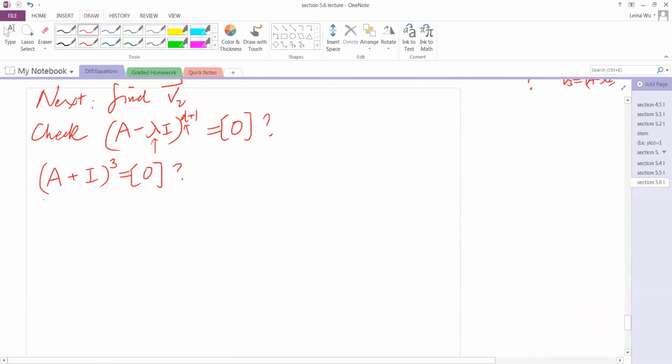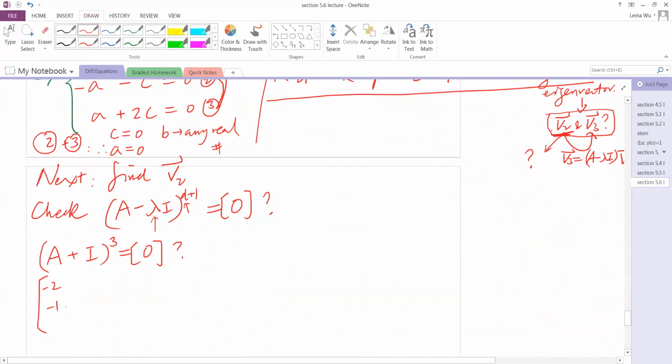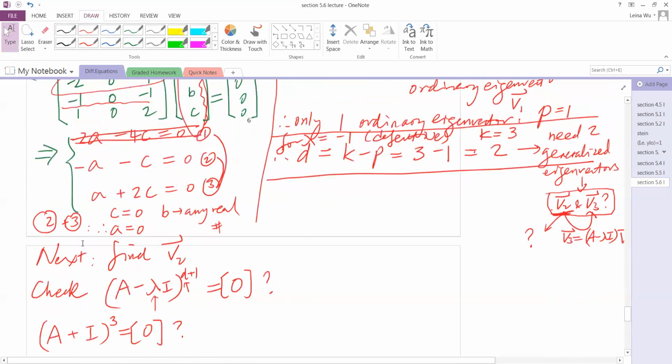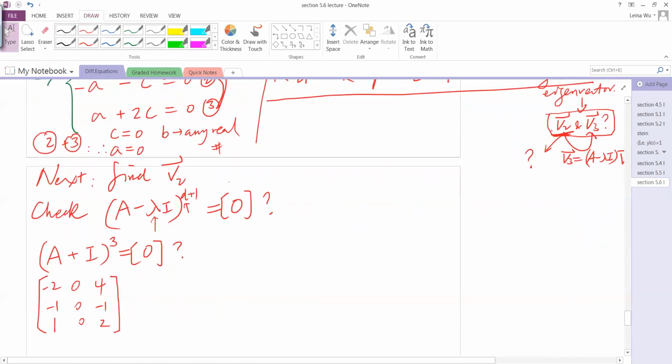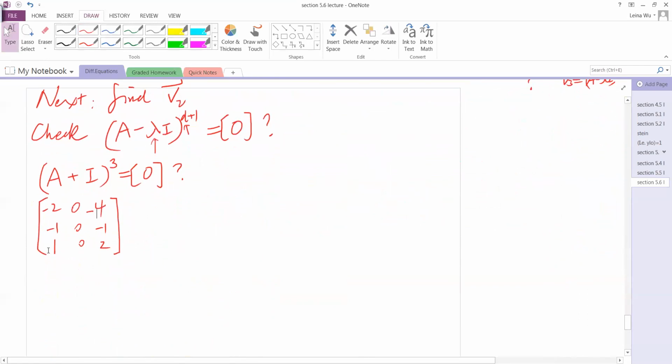Let's see. This is basically our A plus I. So let me copy this matrix here: -2, -1, 1, 0, 0, 0, -4, -1, 2. Wait, what was the second one? Let me correct: -2, 0, -4, -1, 0, -1, 1, 0, 2.